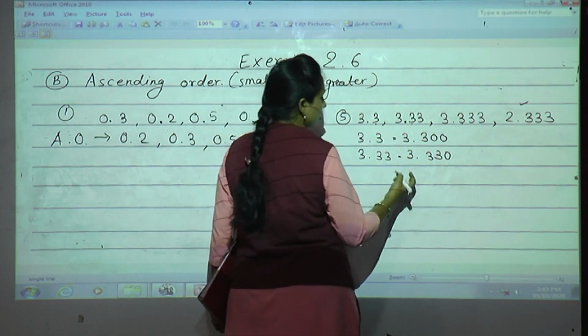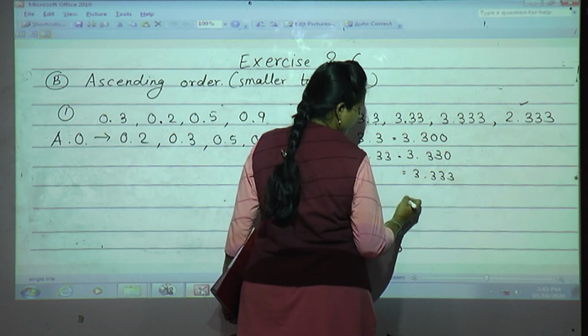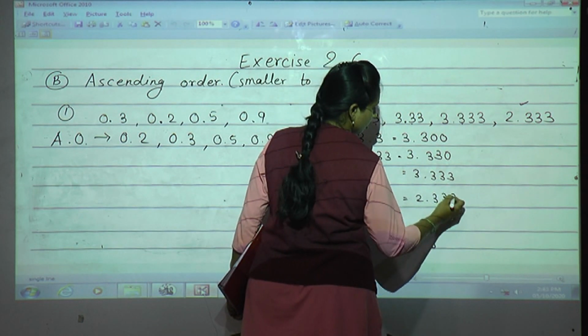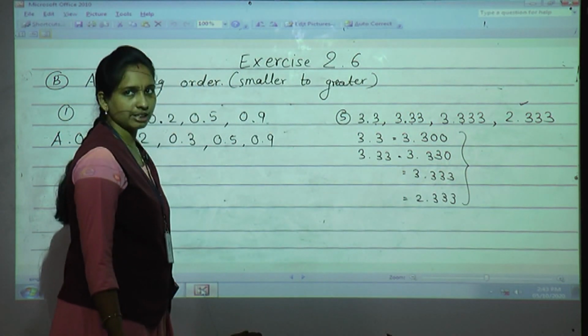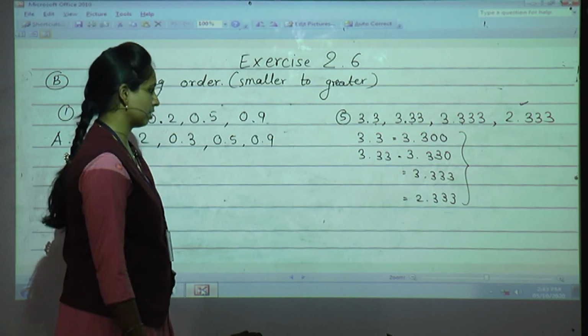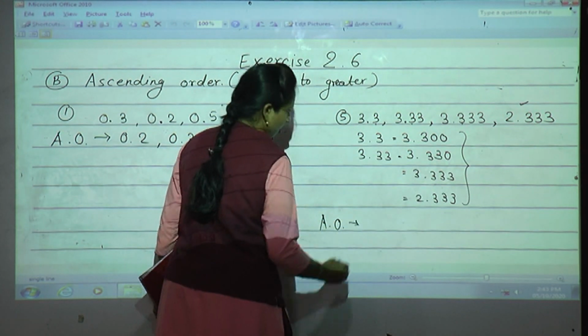And the next number is 3.333 and the next number is 2.333. Now these are the 4 numbers. Now we have converted all these into like decimals. Now you can arrange these numbers into ascending order.